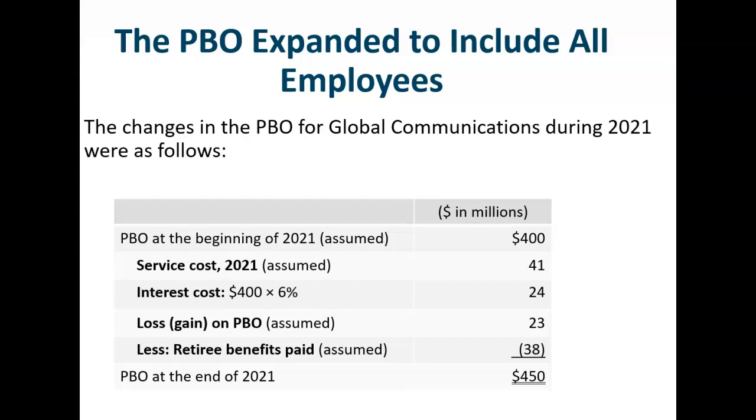Assuming the balance of the PBO at the beginning of 2021 is $400 million, we add 2021 service costs, assumed to be $41 million in this example, and we add $24 million of interest cost for 2021, calculated by multiplying the beginning balance of $400 million times the 6% discount rate we've been using in this example.